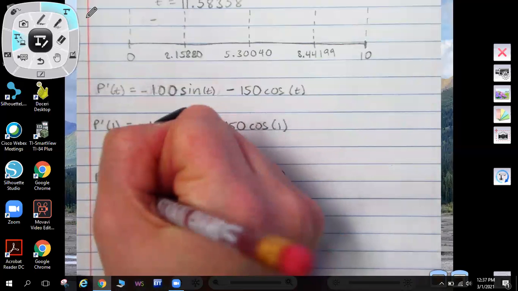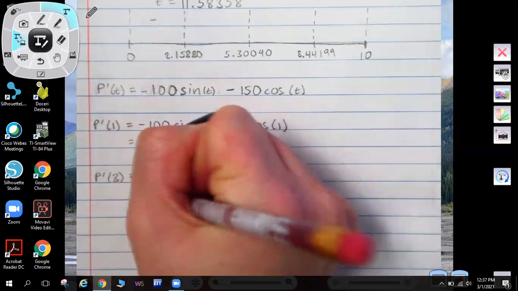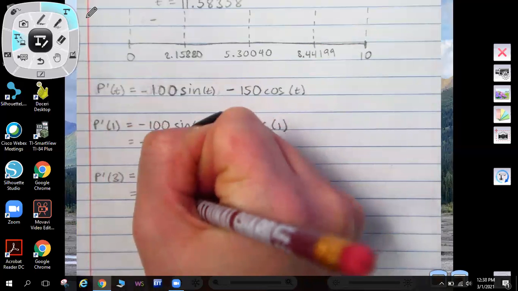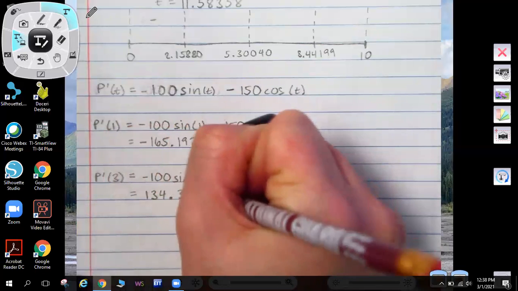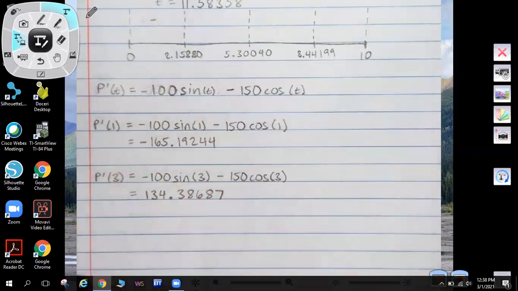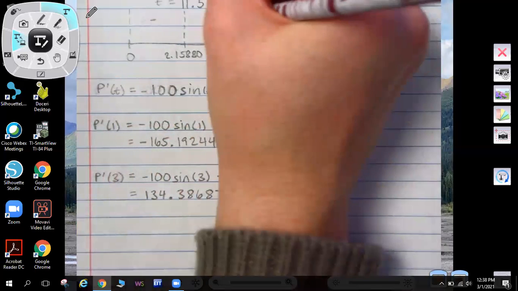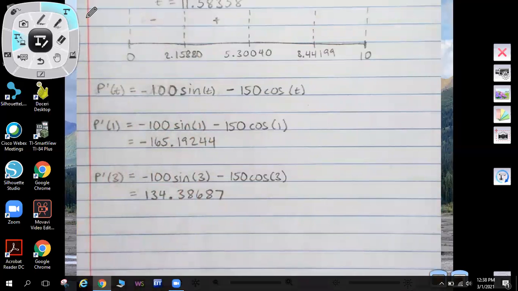We get positive 134.38687. All right, we got a positive for the second interval.